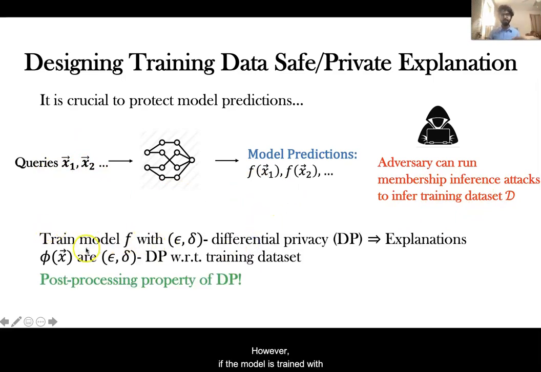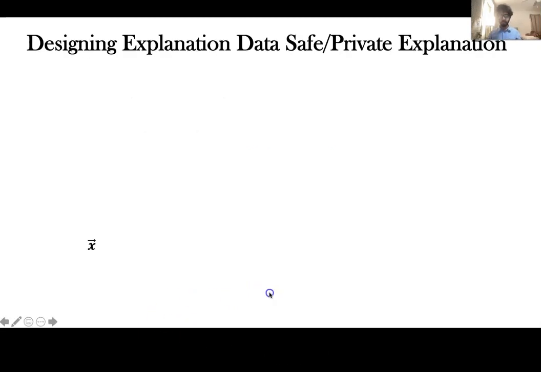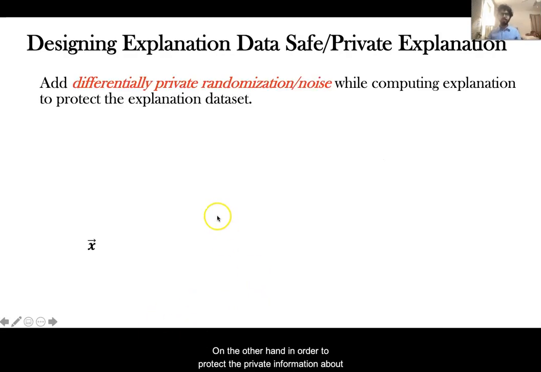However, if the model is trained with differential privacy, then the explanation automatically becomes differentially private with respect to the training dataset due to the post-processing property of differential privacy. And that will ensure that our explanation will be differentially private and won't leak any further information. On the other hand, in order to protect the private information about the explanation dataset, we have to add some differentially private randomization to the explanation in order to protect such information.